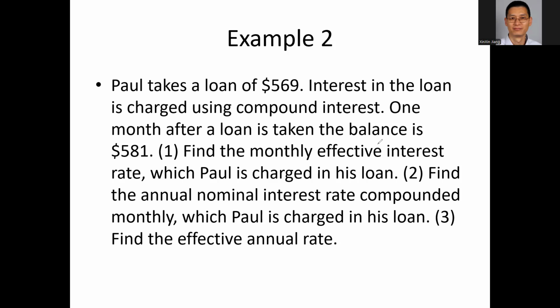So the monthly effective rate would be simply 581 minus 569, divided by 581. So it's the difference between the amount the account has, divided by the original loan.